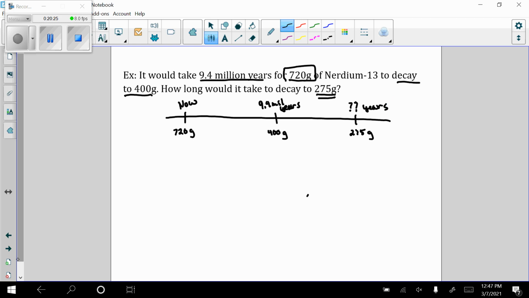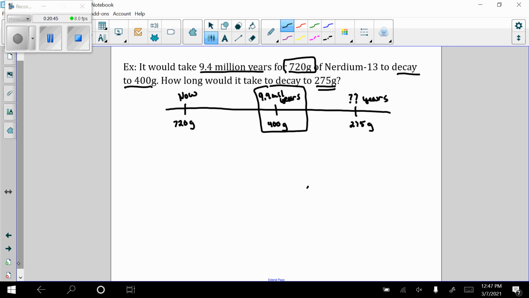Okay, so the problem doesn't really tell us, do we want to know how long it's going to take from the beginning to get to 275, or from currently, or from this one right here. So we'll go ahead and do it from now. And I can talk about if they would have been a little more specific if they wanted to know from today, which would be the 400 grams.